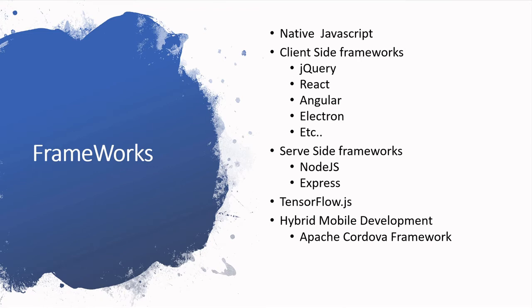But doing everything within native JavaScript is very difficult. You need to write a lot of lines of code, it may lead to more errors, and debugging is also very difficult in this case.